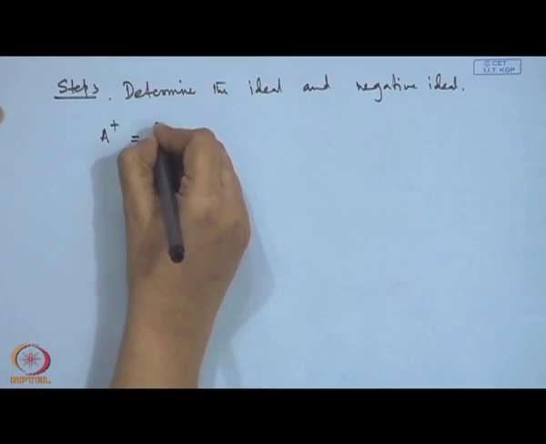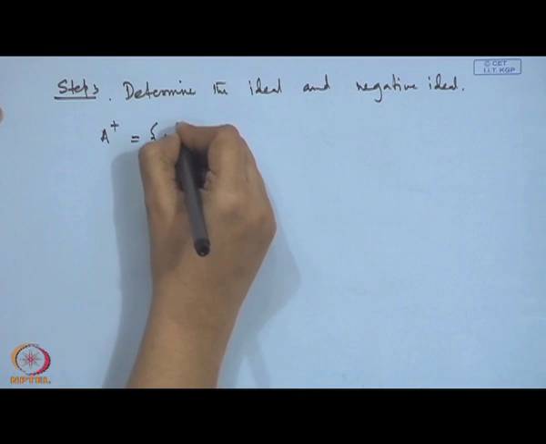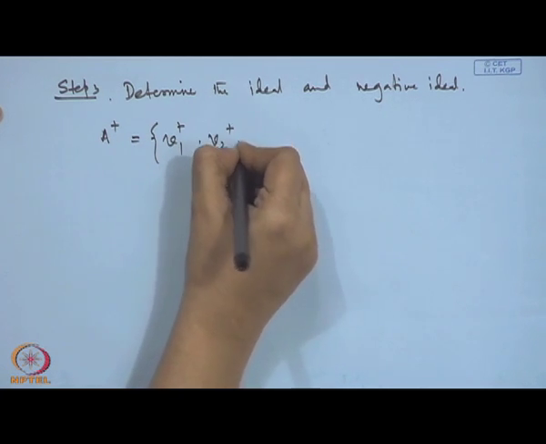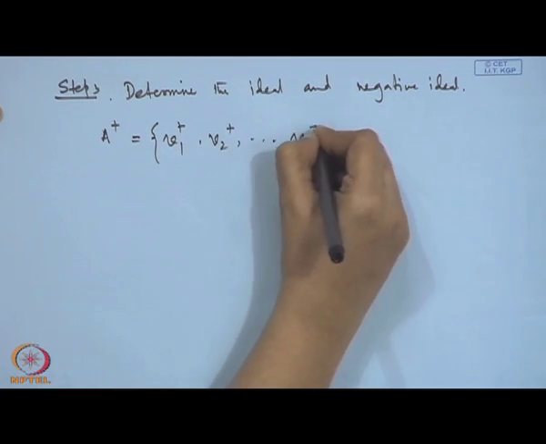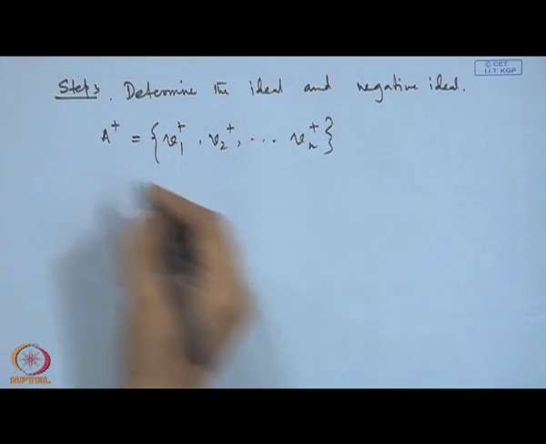But if it is so, then what is the solution for it? That is being termed as the ideal solution. Mathematically we can say that the ideal solution, say A plus, is V1 plus, V2 plus, Vn plus, because we are having n criteria.